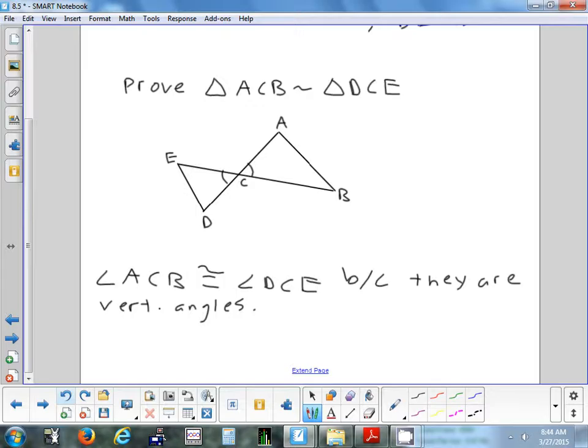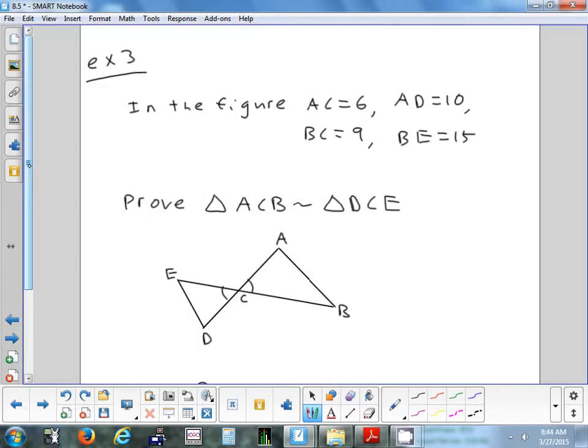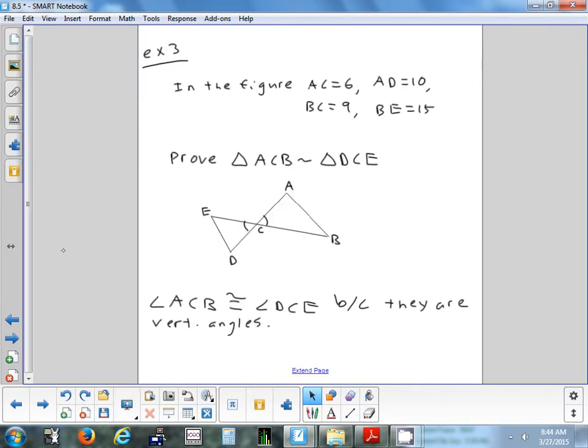Okay, now I think we're going to have to use some of those side numbers. They wouldn't usually give us all those lengths of sides if we weren't going to use them somehow. So what can I figure out here? Okay, look at what they've given me. Let me try to write it in the best I can. AC is 6. Okay, AD, this is 10.